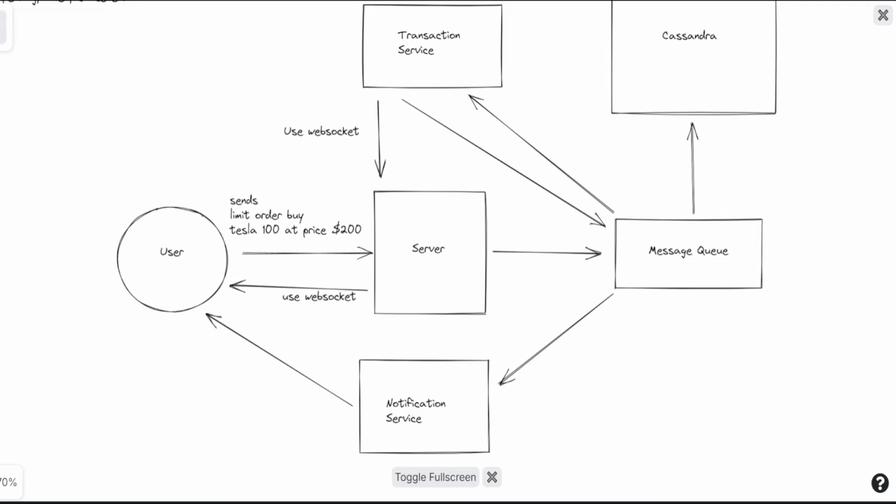The con is that it's going to take more resources, especially because we have a lot of throughput here, a lot from the high frequency traders. That will require you to create multiple WebSocket servers and add more complexity in terms of managing which user is going to connect to which WebSocket server, which is not impossible, but just adds more complexity.